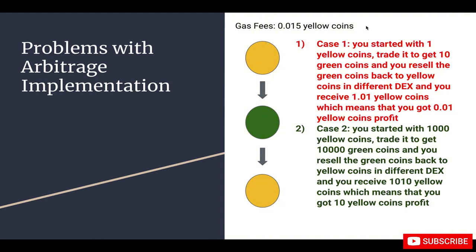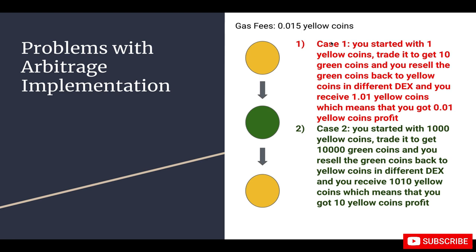Let's say we go to an exchange platform where the gas fee is 0.015 yellow coins. That's the cost of gas fees that you need to pay to the platform to conduct the transactions, right? You're required to pay 0.015 yellow coins as your gas fees to complete the transactions.